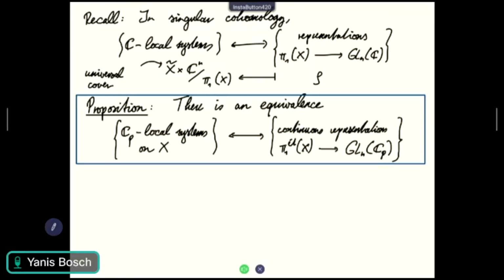The result is that the same works in p-adic geometry, which tells you that we've given the correct notion of C_p local systems. The statement is that C_p local systems, as I defined them on the last slide, these inverse limits of objects, are in one-to-one correspondence with continuous representations of the replacement I have in this world of the topological fundamental group, which is the étale fundamental group, somehow the Galois group of the étale side, on finite dimensional C_p vector spaces.